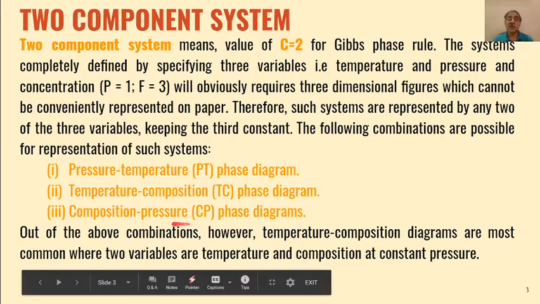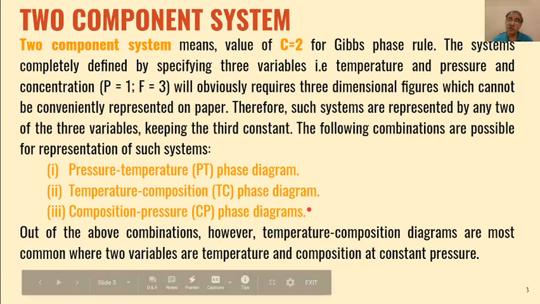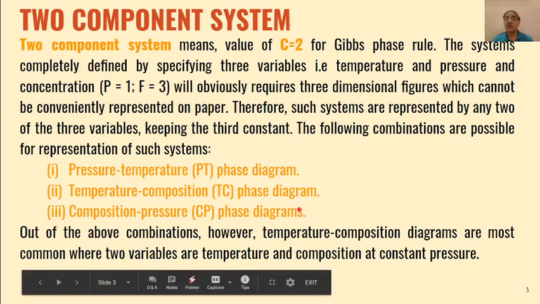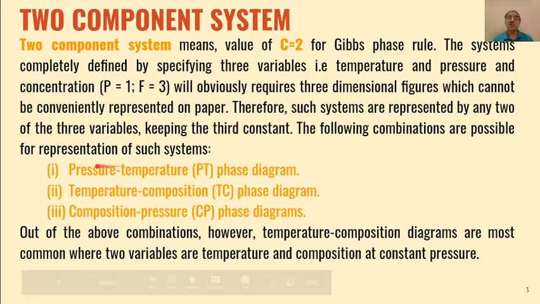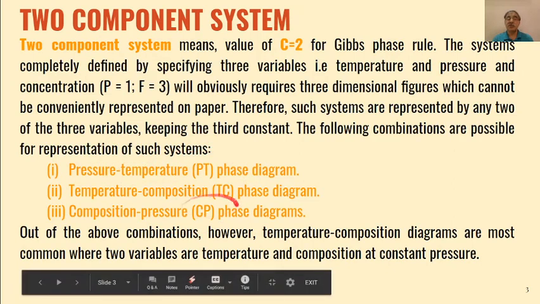And the third category is composition and pressure, where temperature can be kept constant. So we can use any of these three combinations to represent such systems in a two-dimensional figure on paper.